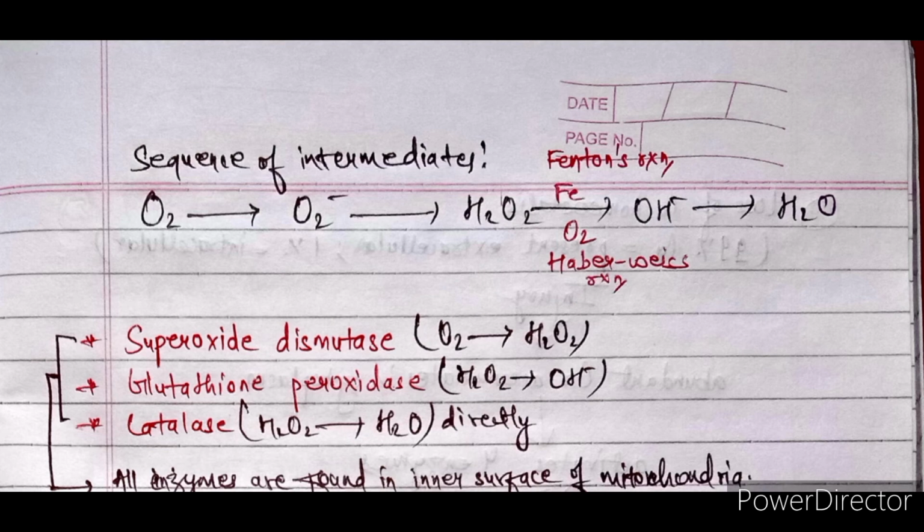So now here we can see the Fenton's reaction. If the conversion takes place in the presence of iron, then this is known as Fenton's reaction. Whereas if the reaction takes place in the presence of oxygen, then it will be known as Haber-Weiss reaction.